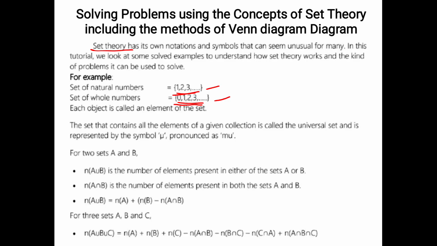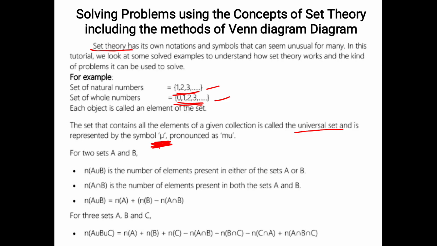The set that contains all the elements of a given collection is called the universal set, and it is represented by the symbol μ. So, tawagon na to siya na μ.